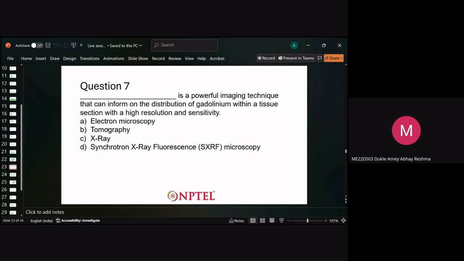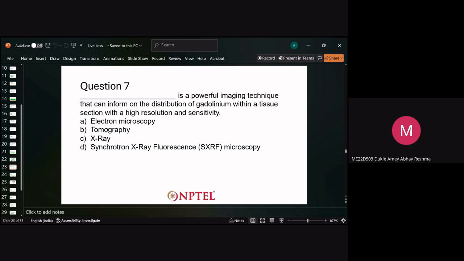Okay, so next, DASH is a powerful imaging technique that can inform on the distribution of gadolinium within the tissue section with high resolution and sensitivity: electron microscopy, tomography, X-ray, synchrotron X-ray fluorescence, spectroscopy.